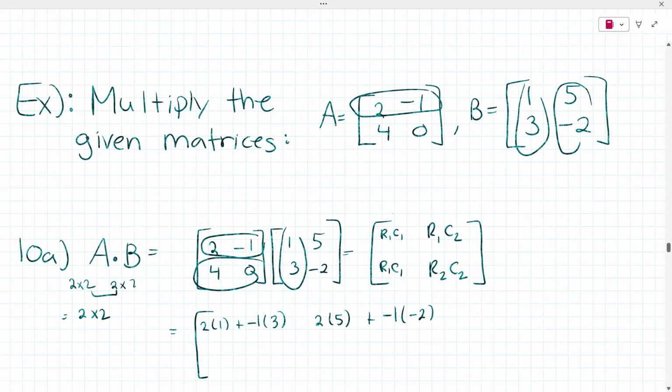And then this one right here, it's this times this. So it's 4 times 1 plus 0 times 3. And then this one right here is going to be 4 times 5 plus, so this row and then this second column, 0 times -2.